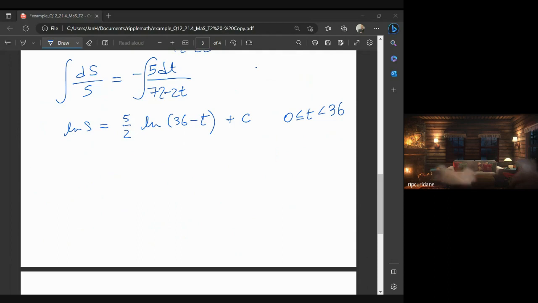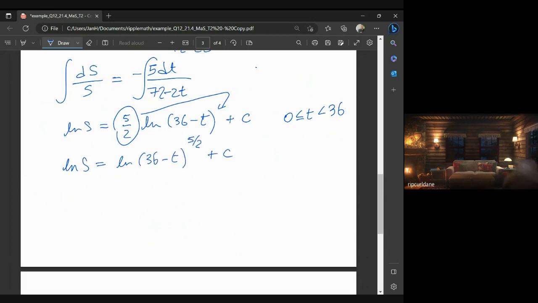So S, we're going to take this here using log laws and put it up as an index. So we'll get ln S equals ln of 36 minus t to the power of 5 on 2, plus c. And so finally you'll get S equals e to the c, and then 36 minus t to the 5 on 2.